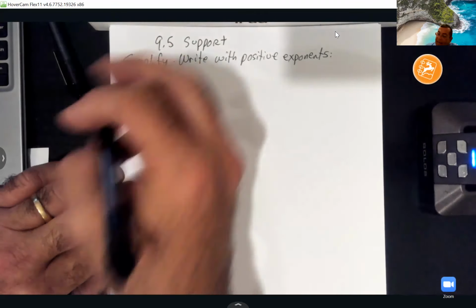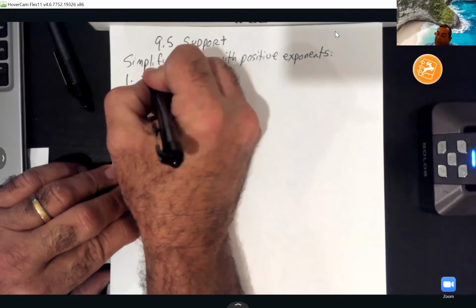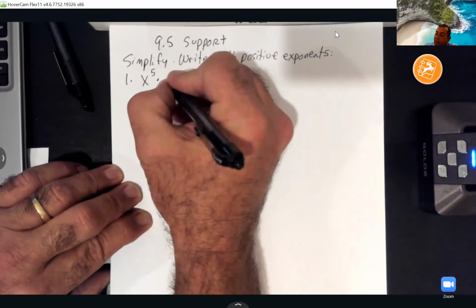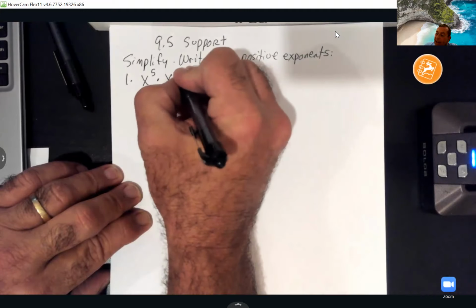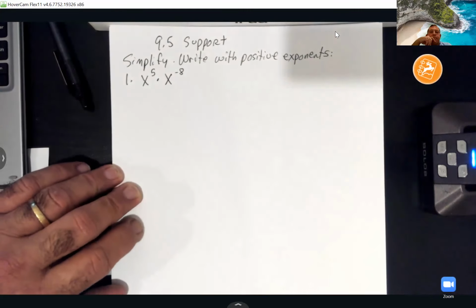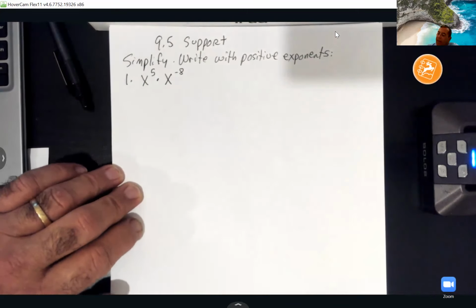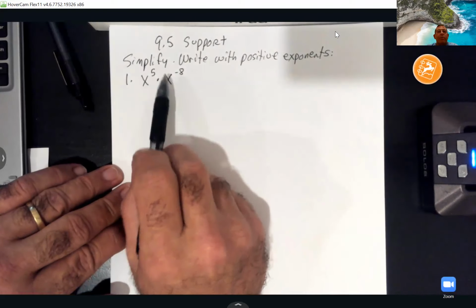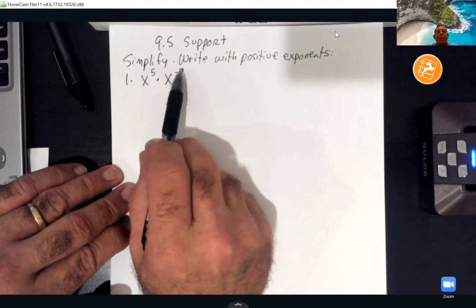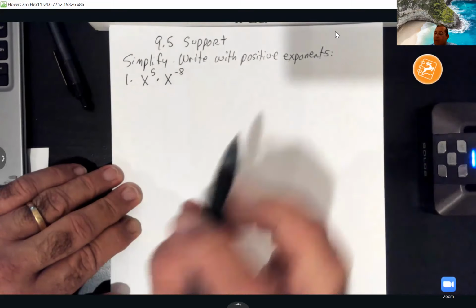Now, number 1, I have x to the 5th times x to the negative 8. So let's think about that. I'm multiplying variables. What am I going to do with these exponents?